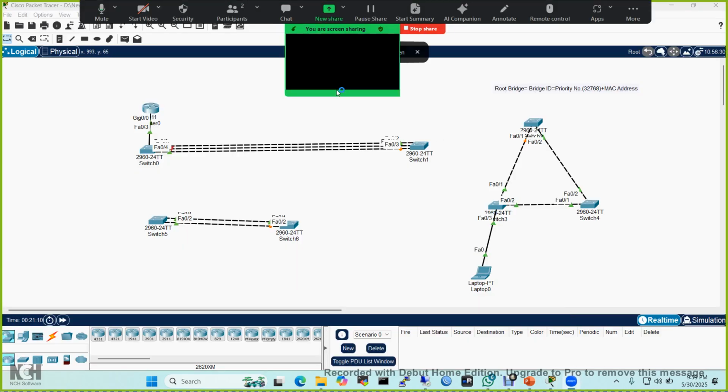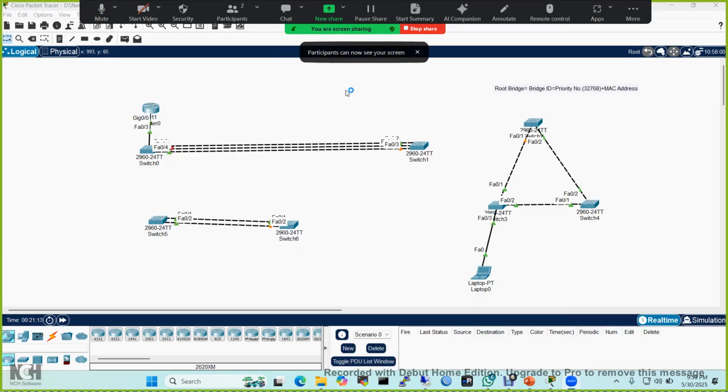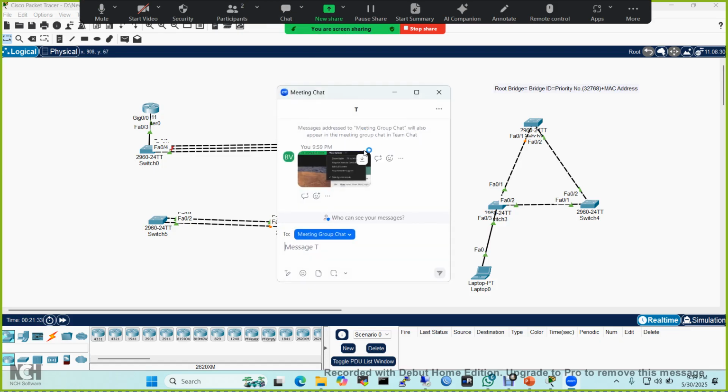Have you got any view option? If you click in the view option, you will get request remote control.